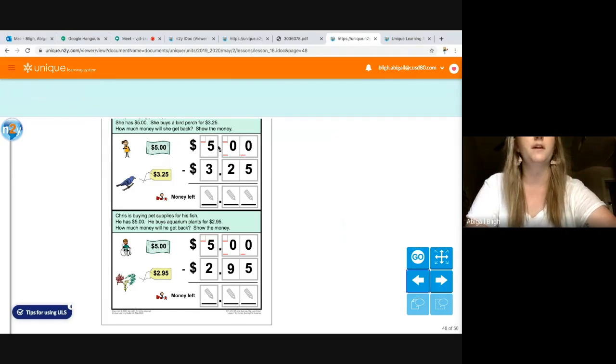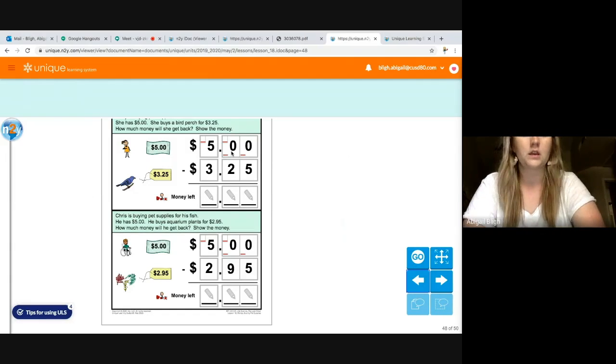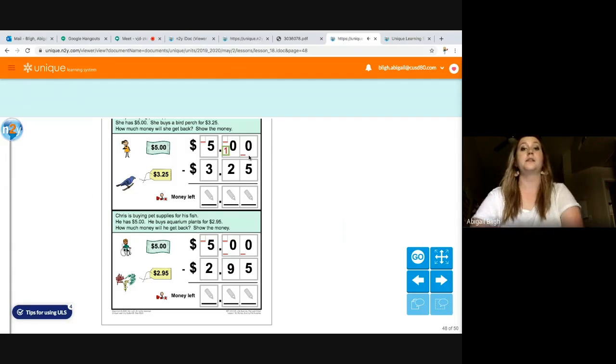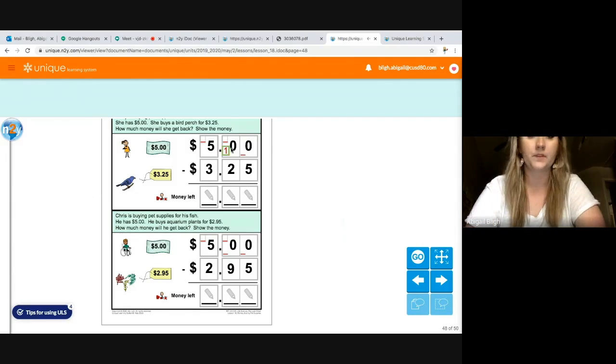So I'm going to look here at my 5. If I have 5 and I borrow 1 to give next door right here, I'm going to give this 10. Now it becomes a 10. Okay.